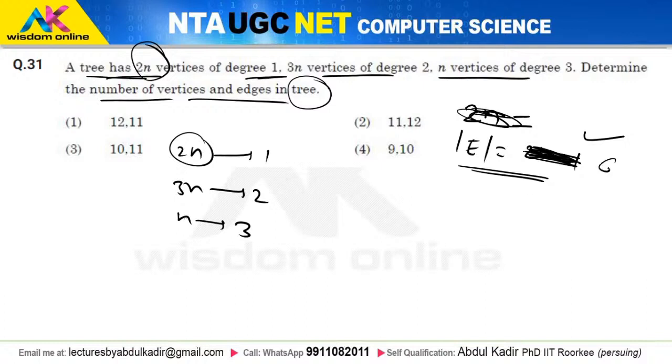So total 6n vertices you have. So number of edges will be 6n minus 1. Remember, here the number of vertices is 6n, not n. So the formula you should apply is number of edges will be 6n minus 1. Now you can apply the handshaking lemma.